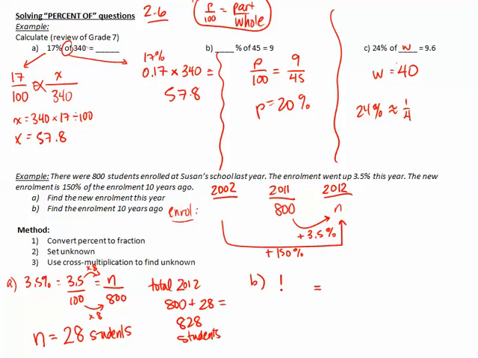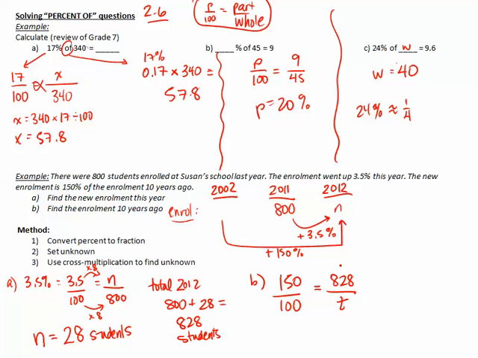That means my new is 150%. The 150 refers to today's numbers, whereas 100% was the 10 years ago. That means the 828 is what represents today. And what we don't know is the 10 years ago, and I'll call that T.